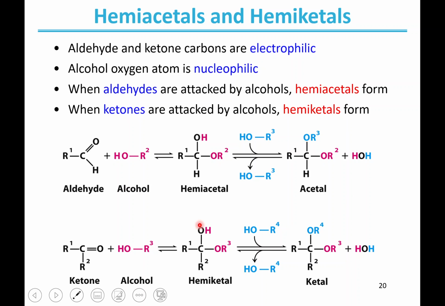For hemiketals, again, you have a carbon attached to an OH group and an OR, but you also have two other R groups on the carbon, so you're replacing the hydrogen in the hemiacetal with another R group. And if you replace the OH group on that with another OR group, that's what we refer to as a ketal.